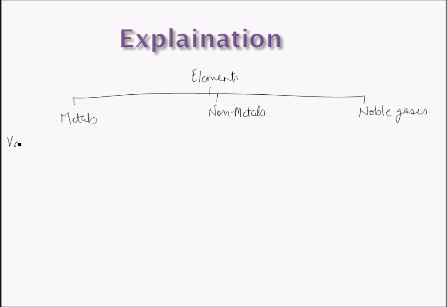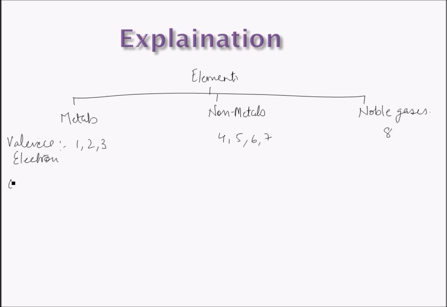What about the valence electrons of these three categories? Here it is 1, 2 and 3. Here it is 4, 5, 6 and 7. Here it is 8, right?